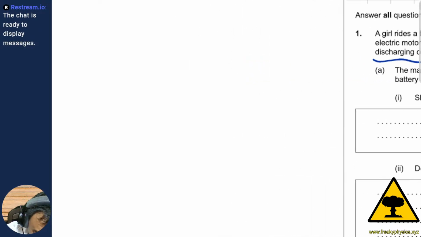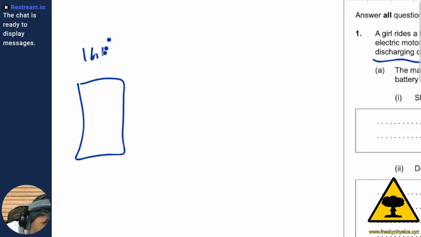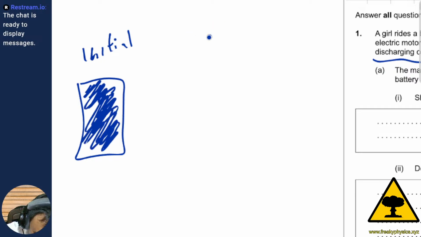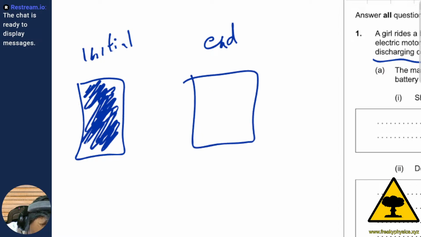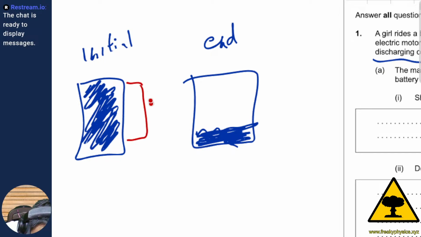Let's say I'm just gonna visualize this. What if this is initial? Let's say that the battery's power is this. Then at the end, you can imagine that the battery's power is somewhere just here. It still has a little bit, right? But how much did you actually use up? It's only this much used up, right?